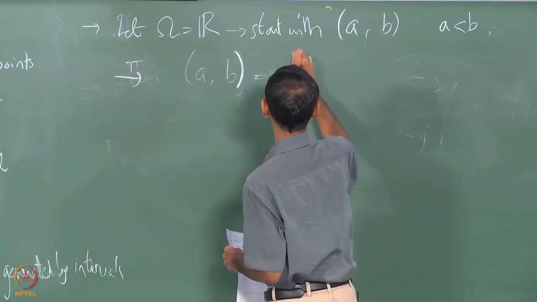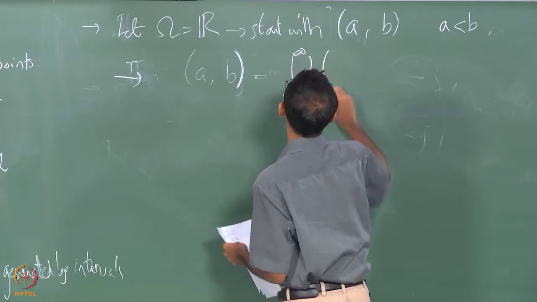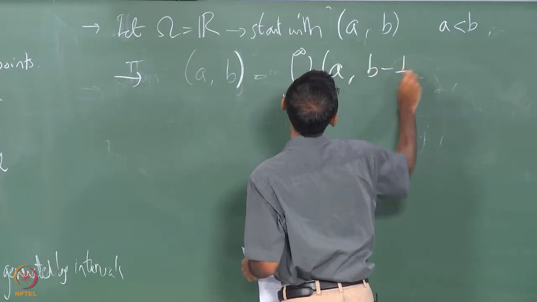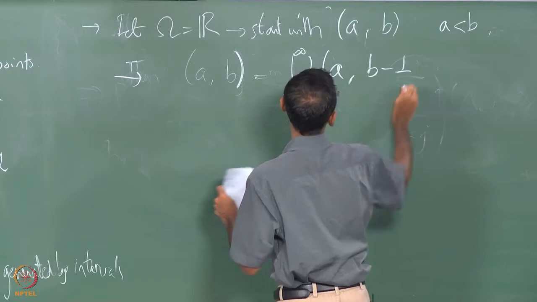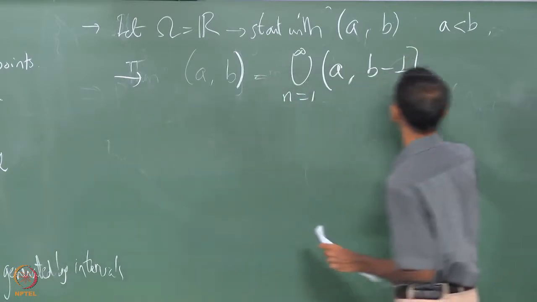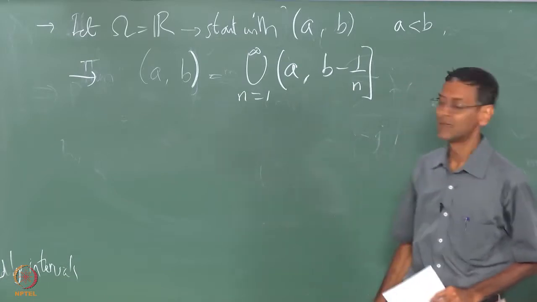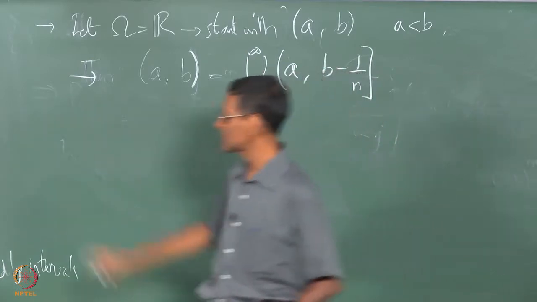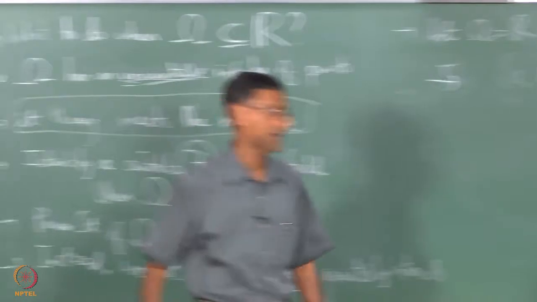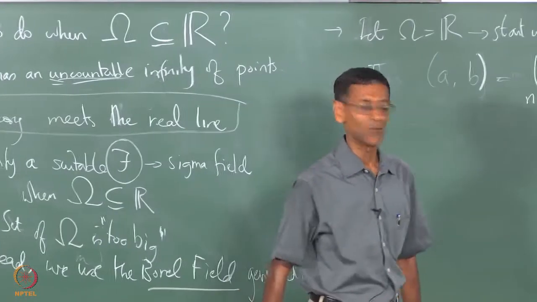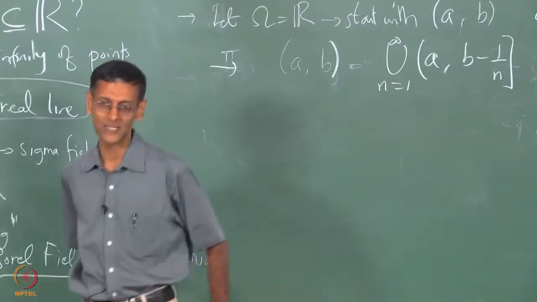I have this countable union. If I take these closed intervals for different values of n and take the union of all of these, this is what I mean by saying set theory meets the real line. This may be new to some of you, this kind of manipulation, but this is what we see in books.